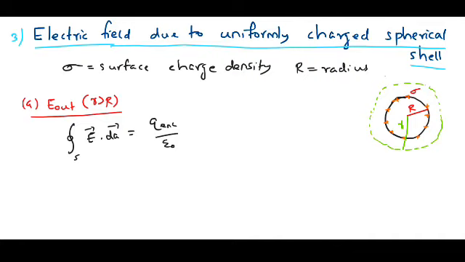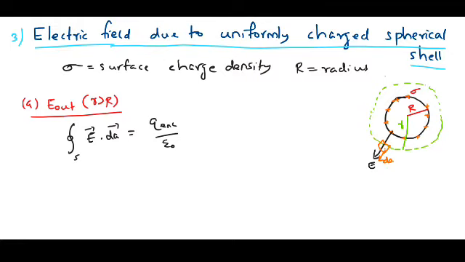Here the electric field, if it is positively charged, is radially outward. If I consider a small area on the Gaussian surface, the area vector is also along the same direction as the electric field.